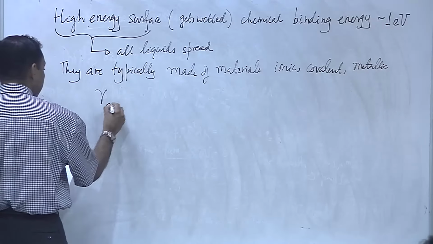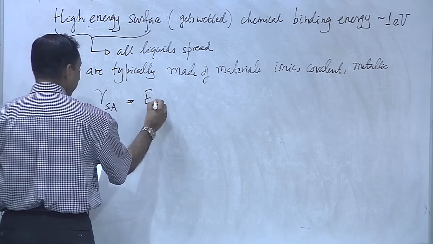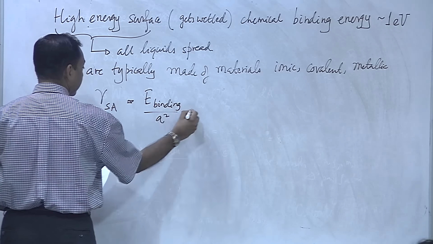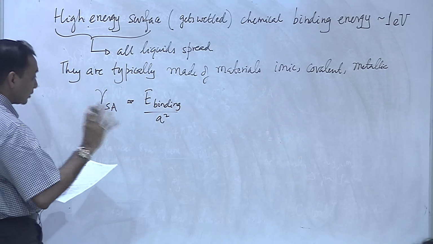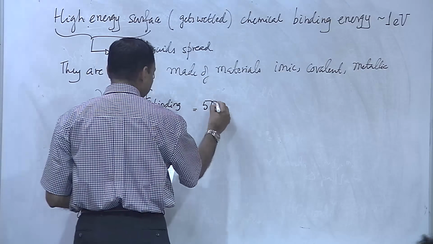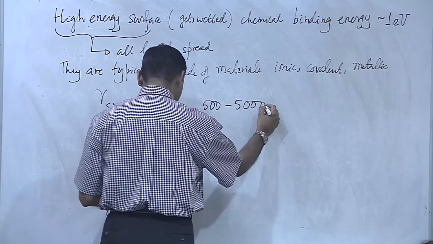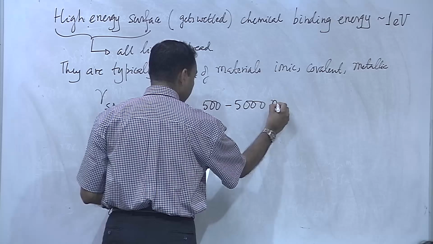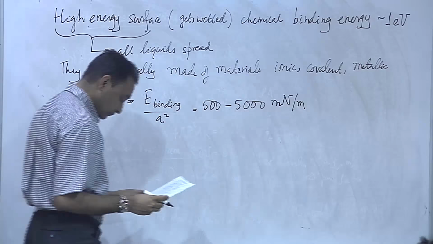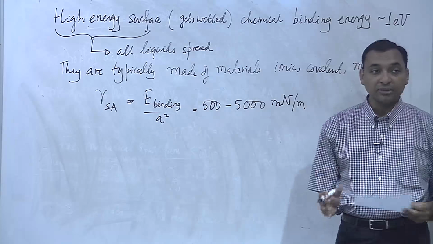Typically, the solid surface tension for these scales as the energy of binding over the molecular diameter squared. They range typically from 500 to 5,000 millinewton per meter. So these surfaces wet everything.